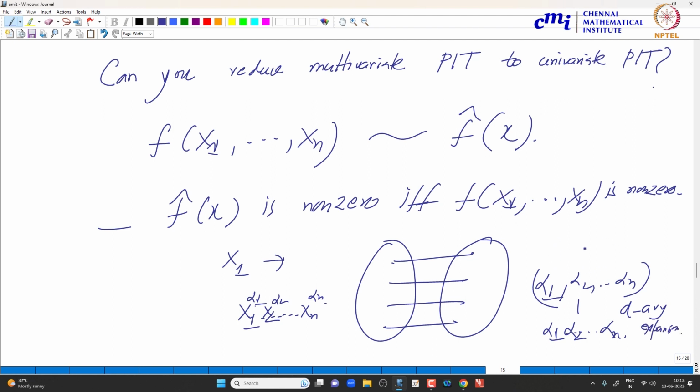All these values are upper bounded by d, and if this is the base-d expansion, then obviously for distinct monomials, distinct tuples, you will get distinct values. You are getting what I mean by base-d expansion. This is like binary expansion where d equals 2, ternary where d equals 3. So like that.